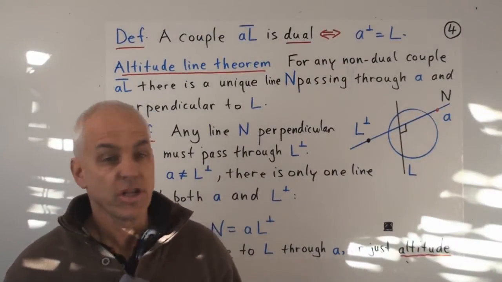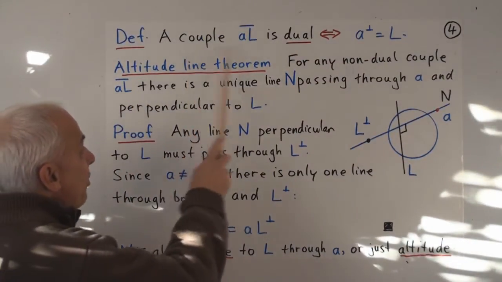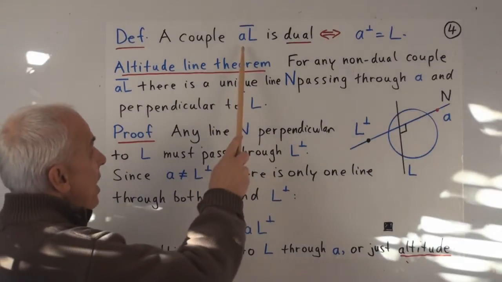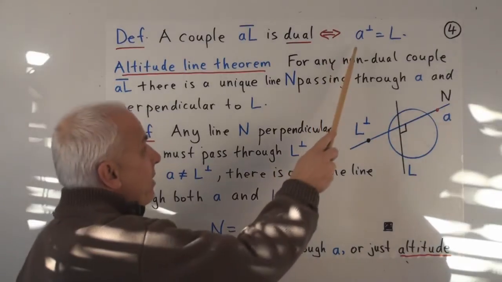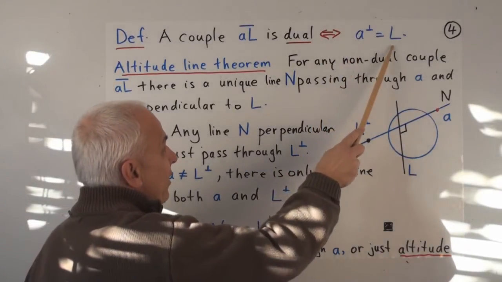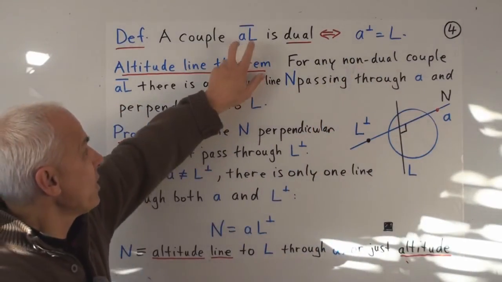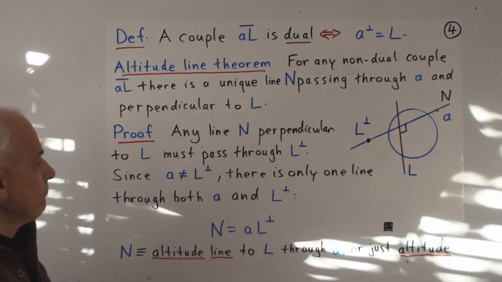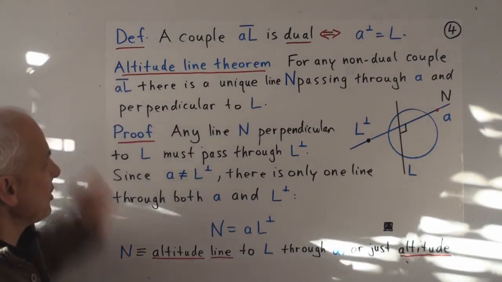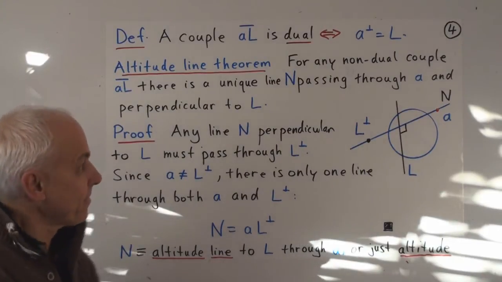A related definition is the idea of a couple being dual. We'll say that a couple, AL, is dual precisely when the dual of A is L. In other words, when the point and the line are themselves dual. All right, and here is the altitude line theorem.